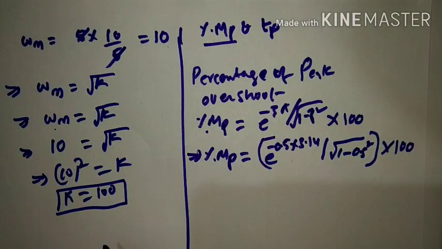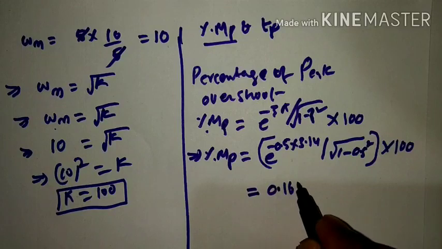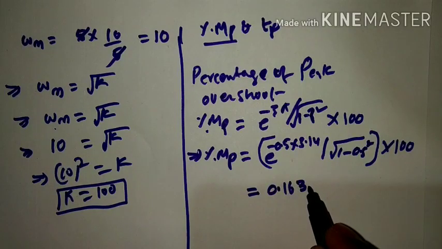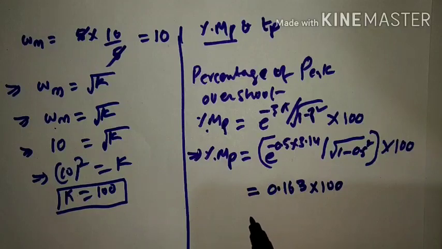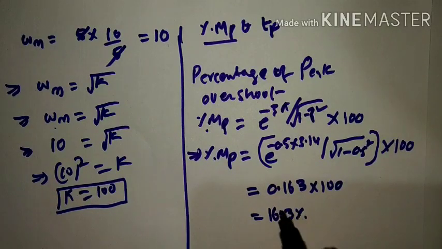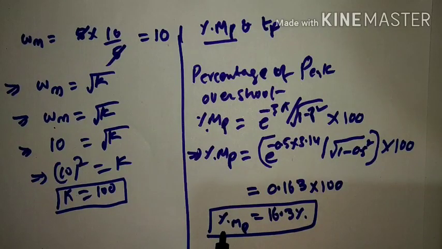If you just calculate this one, you will get 0.163 into 100. It means here 16.3 percentage. Okay, so maximum peak overshoot is 16.3 percentage. It means this value.